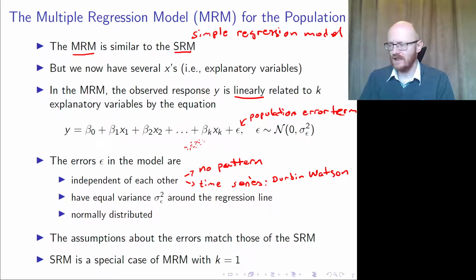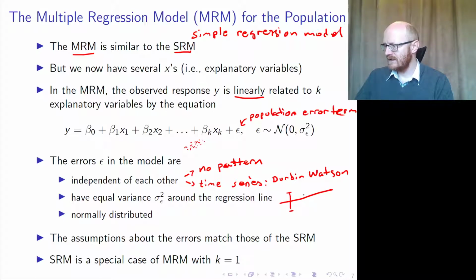You could check if there were autocorrelation in the errors with the Durbin-Watson test.